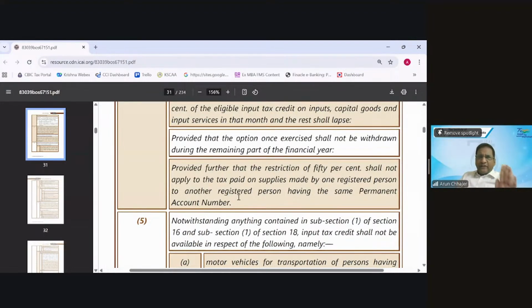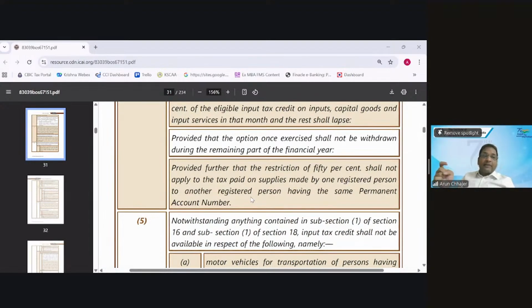Is there any difference between purchasing a car and using it for my business purpose, and purchasing a car for further selling it? Is there any difference or are both the same? I bought a car and I am using it for my business purpose; I bought a car and I am further selling it. Is there any difference? Answer is yes. There is a difference because it is permissible.